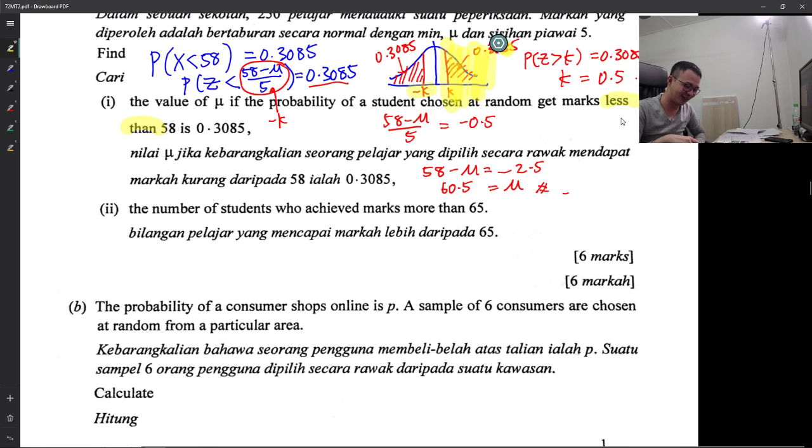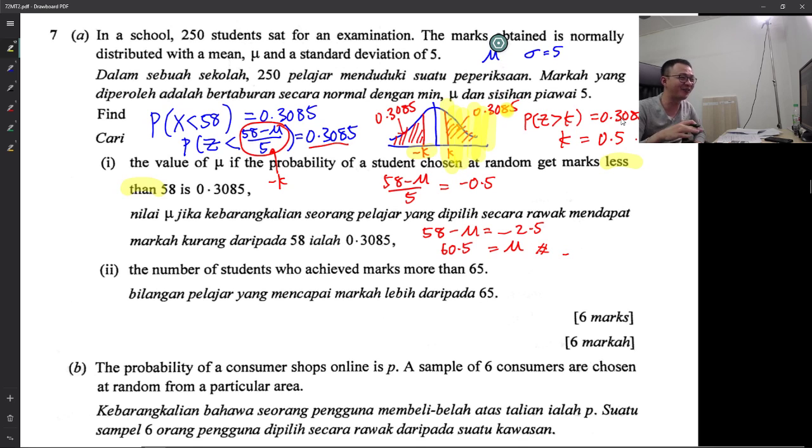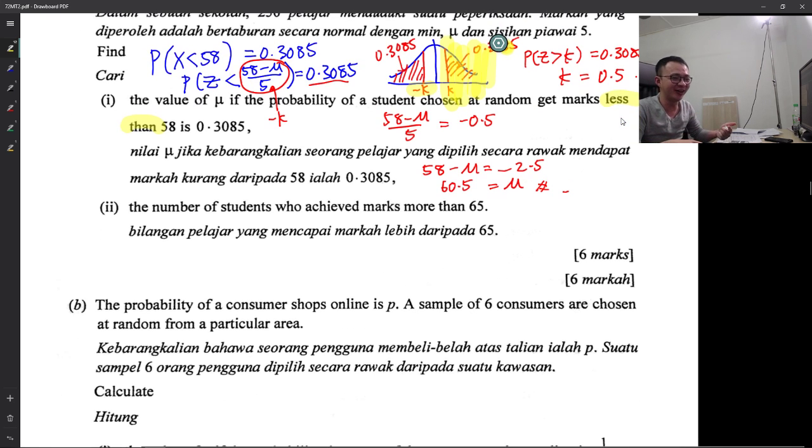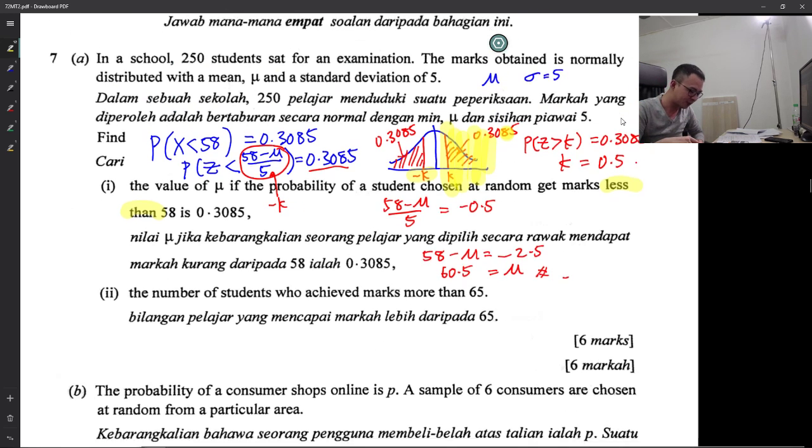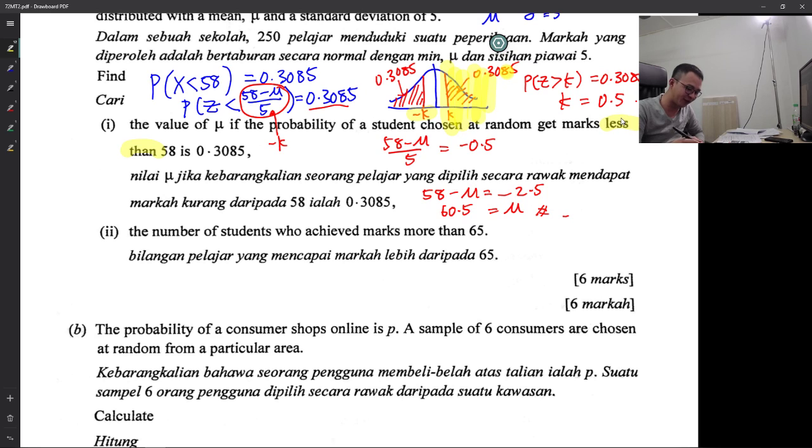Alright, so let me move on, because it's very hard for me in this video to make you understand the probability distribution bell-shaped diagram. This is a very long topic, so I have no choice but to move on. Alright, the number of students who achieve marks more than 65. So I want to find the probability that x is more than 65. Right now I have to change to the z value.